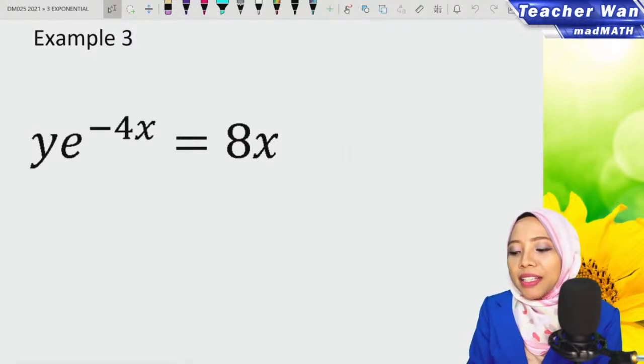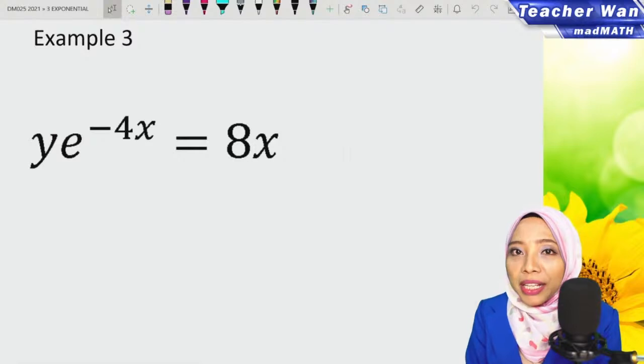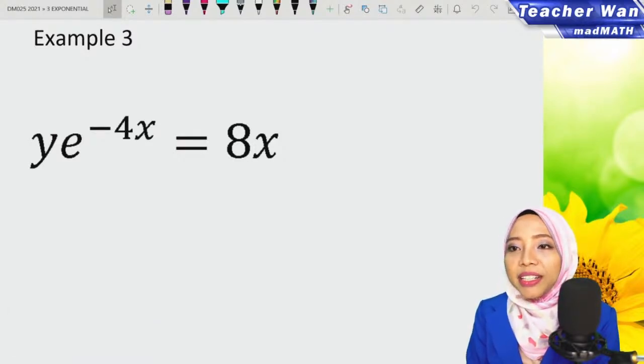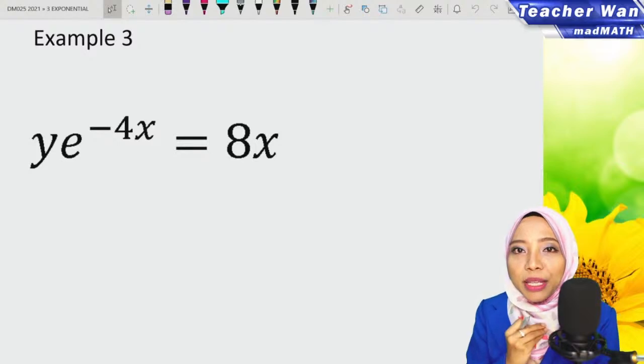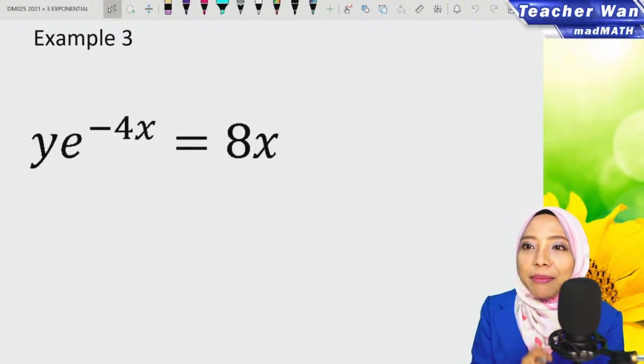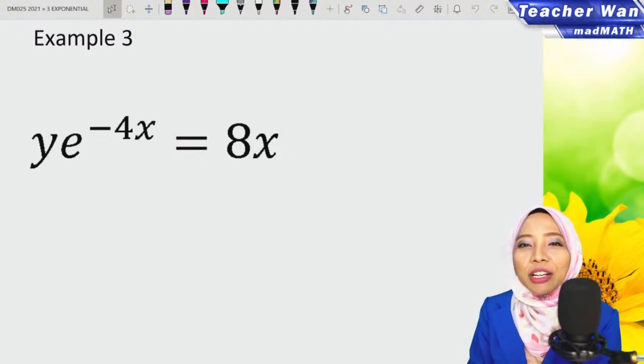Okay. So if you look at the question now, it's no longer y equals to something. It consists of y times exponent. Can you suggest to me what I'm supposed to do for this question? First step. Okay, everyone, suggestion for the first step. What are we going to do?